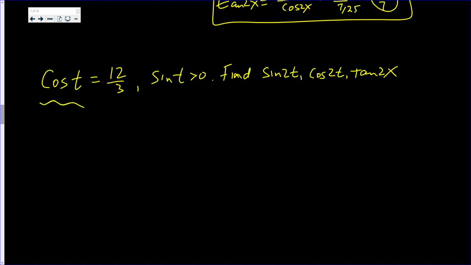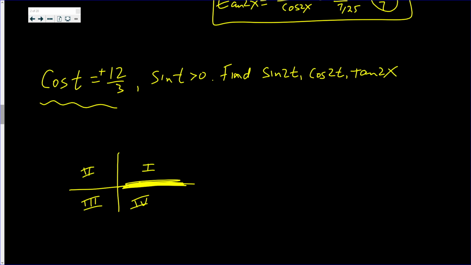Well, the cosine of this angle is positive. Cosine deals with adjacent over hypotenuse. Hypotenuses are always positive. The adjacent are only positive in quadrant 1 and 4. So we know, based on just this statement, that t is in quadrant 1 or quadrant 4.